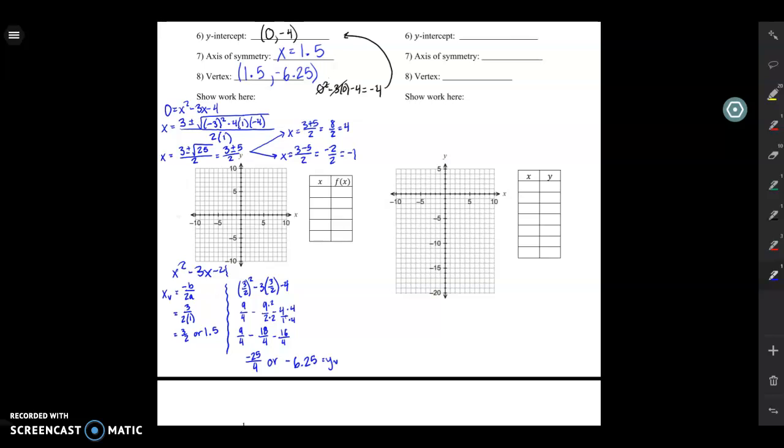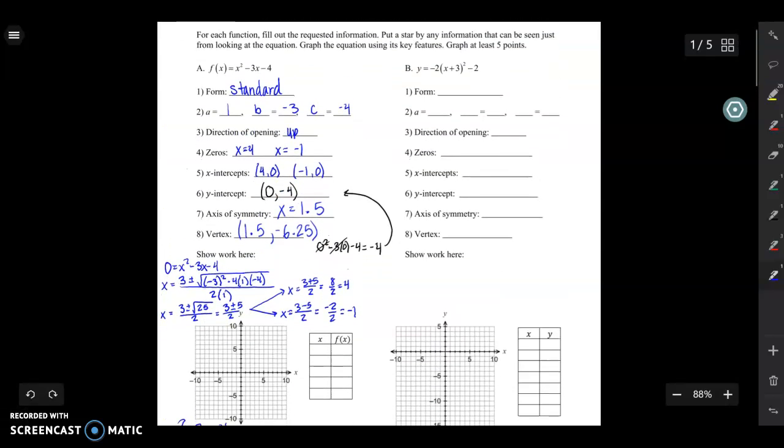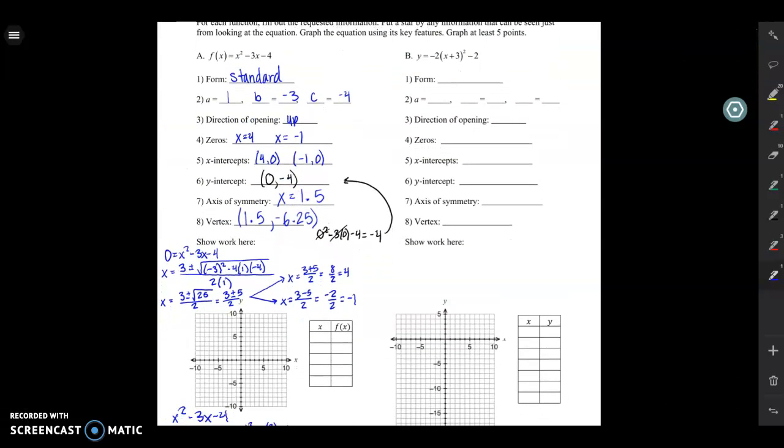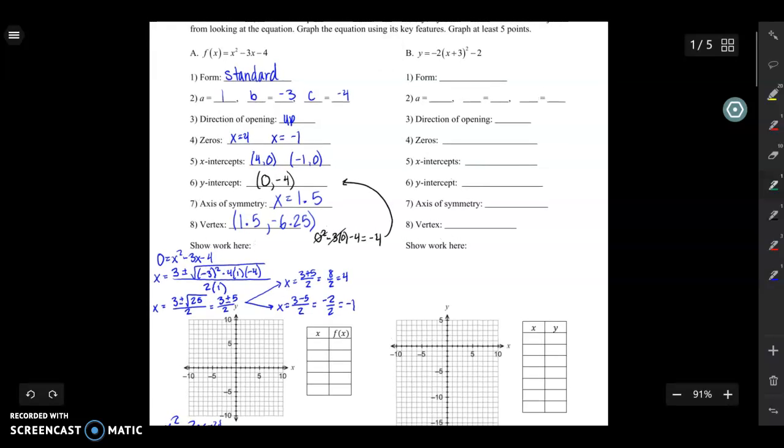Okay. So, it took a lot of work, but I did find all of these key features of my graph. So now it's time to translate those into an actual graph in the picture. Before I do, I just wanted to come back and put a couple stars next to some of these key features that are really easy to find. So for example, it's really easy to tell what form my quadratic is in. We can tell pretty quickly just by looking at what A, B, and C are.